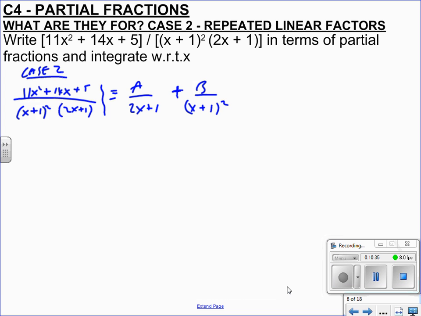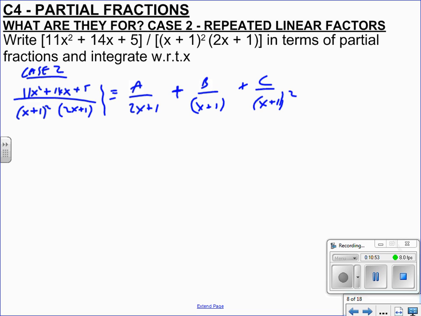I'm almost tempted to do it to show you that it won't work, but time-wise, what we have to do is we have to split your linear factors, so this is what's called repeated linear factors, into x plus 1 and x plus 1 all squared.